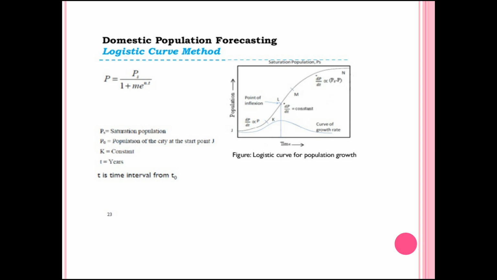Then we know the formula for Ps, and the number of years n is equal to 1 upon t1 ln of P0 (Ps minus P1) divided by P1 (Ps minus P0). This is the formula.